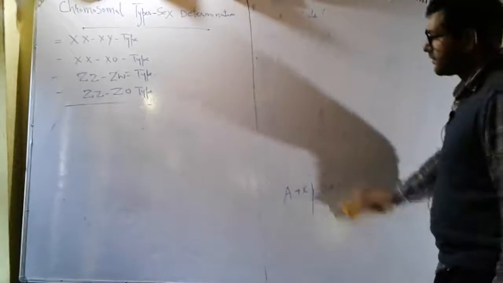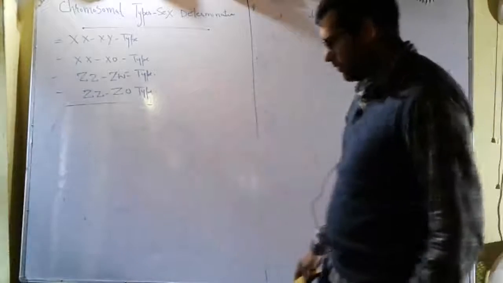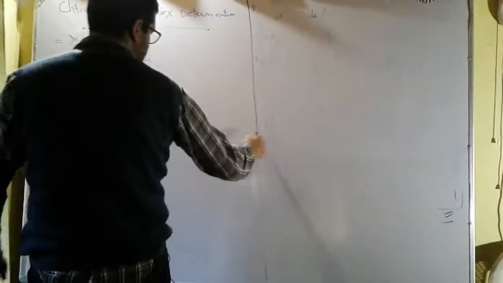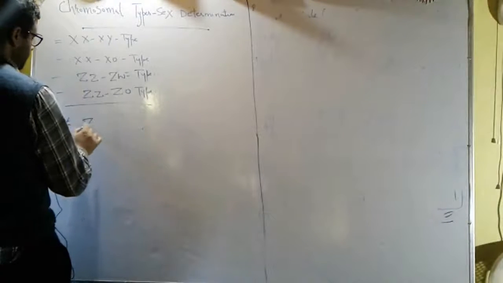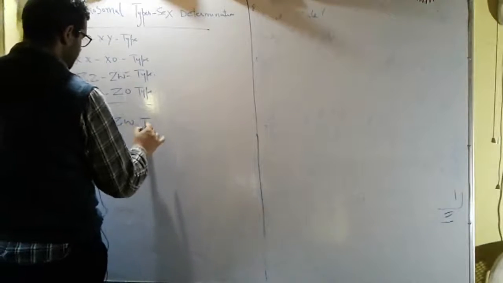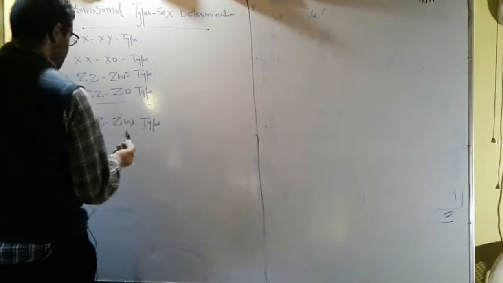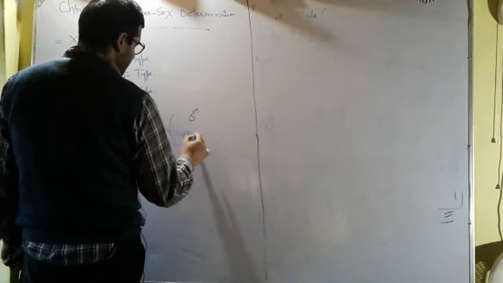This ZZ and ZW type of sex determination is also found in some insects. So we have second, that is ZZ-ZW type of sex determination. Here we have male and female.